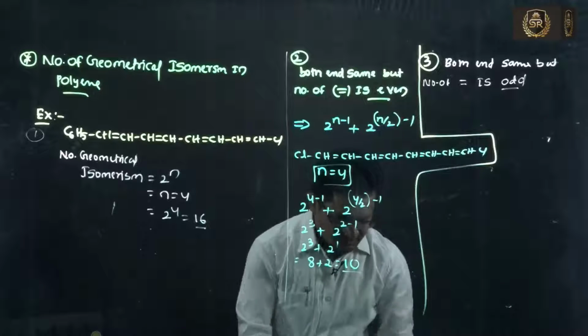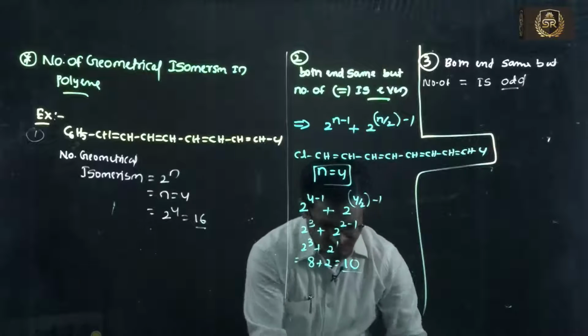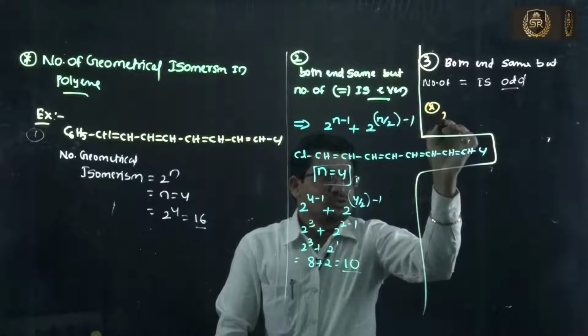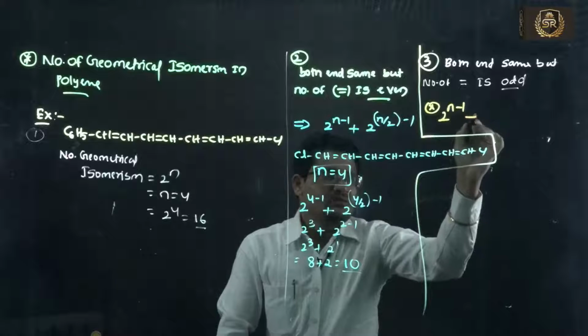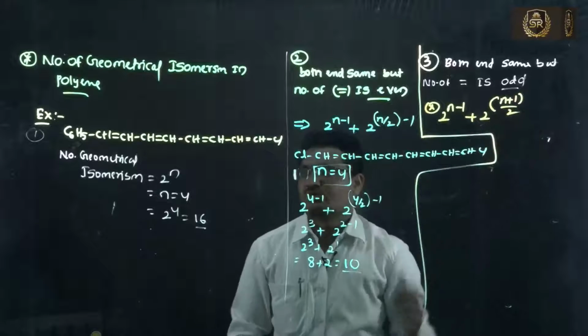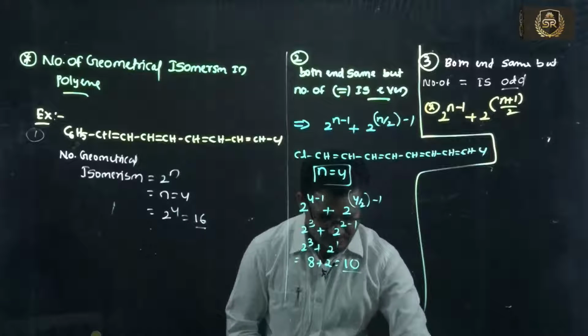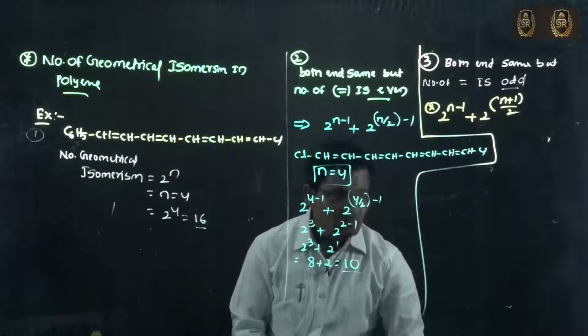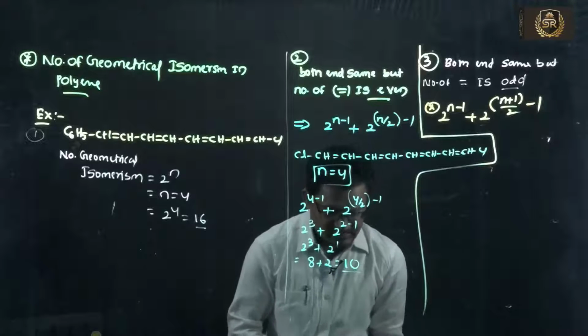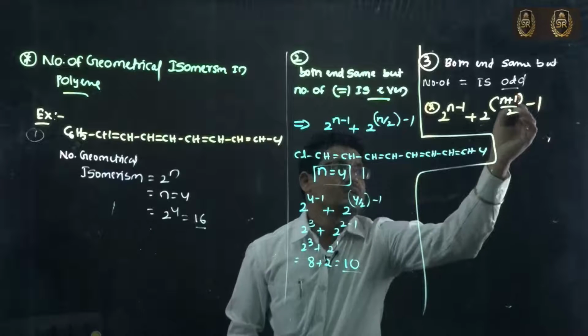So for odd, I am using this formula: 2 power n minus 1 plus 2 power n plus 1 by 2 minus 1. So how to calculate this?